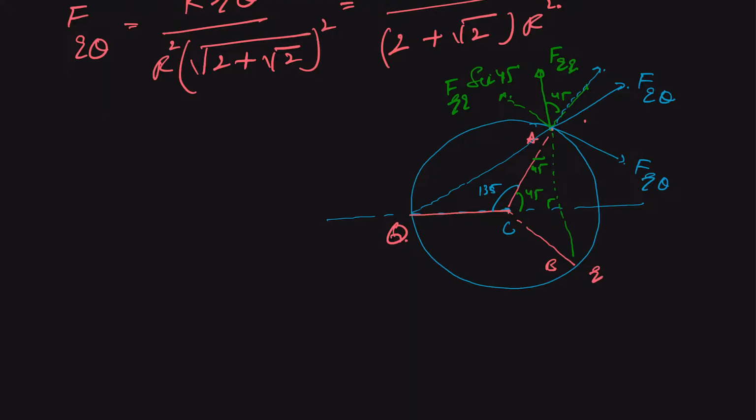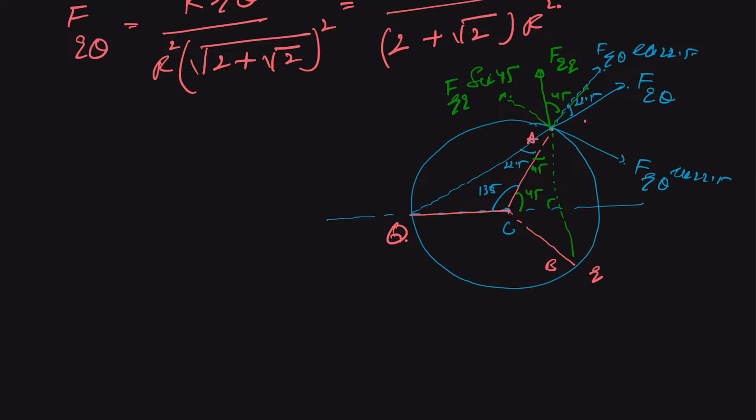Okay, and so this angle will be close to 22.5. So this will also be 22.5. So we get this as our FQQ sine of 22.5, and this will be FQQ cos of 22.5.